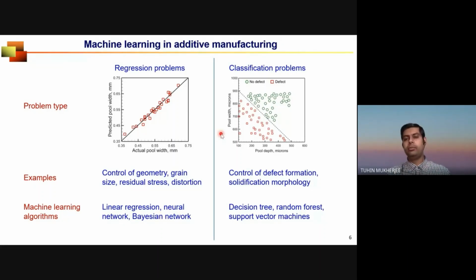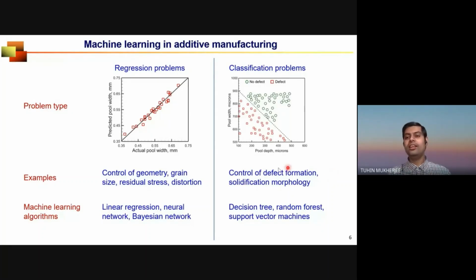The other type of problem is classification problem, which is kind of a yes and no type of problem. Let's say you are interested in knowing whether for your experiment a defect will form or not form. So it's kind of class A and class B problem. Other examples may include solidification morphology. I was giving one example of columnar or equiax grains, so it's also two classes: class A columnar grains, class B equiax grains.